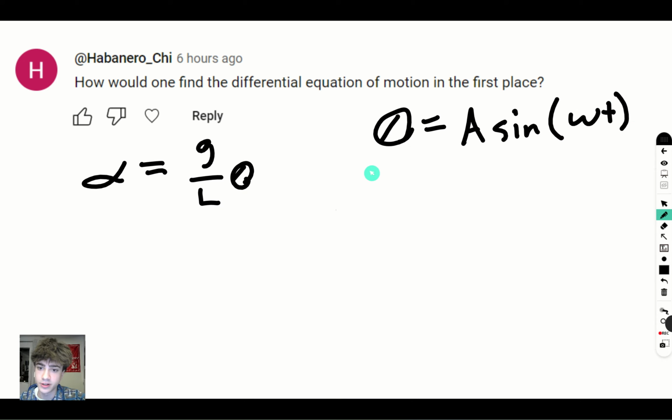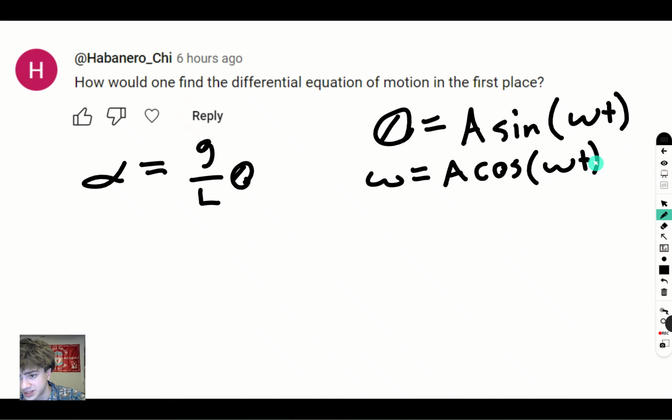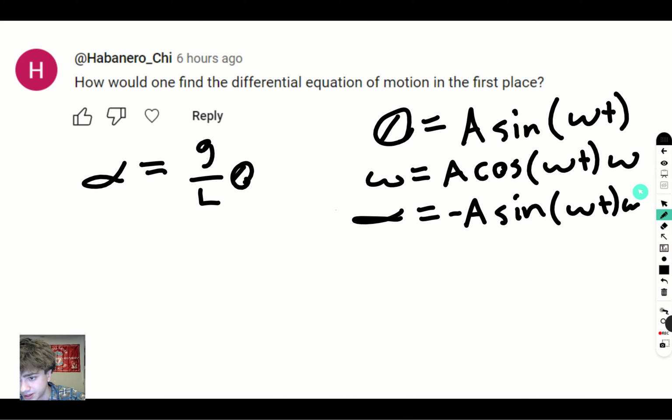Next, we'll have angular speed omega, a cosine omega t times the derivative of the inside omega, and we'll get an alpha of negative a sine omega t omega squared. Once again, a sine omega t, which is theta, can be moved down here. Alpha is negative omega squared theta.